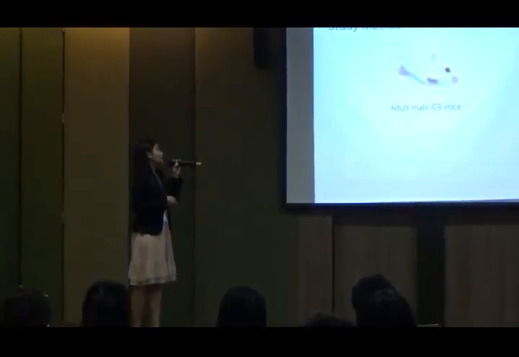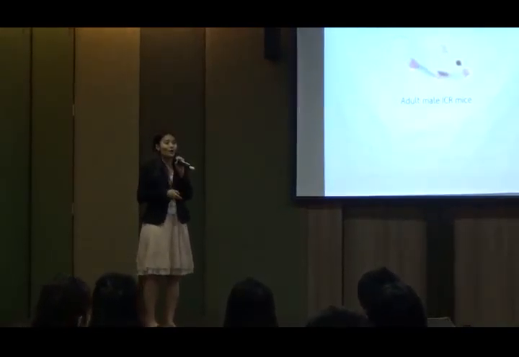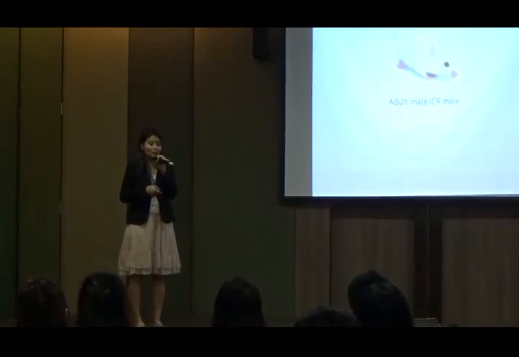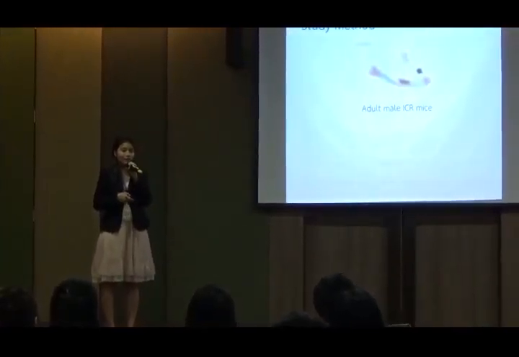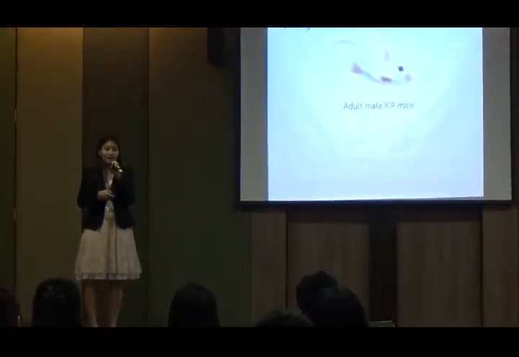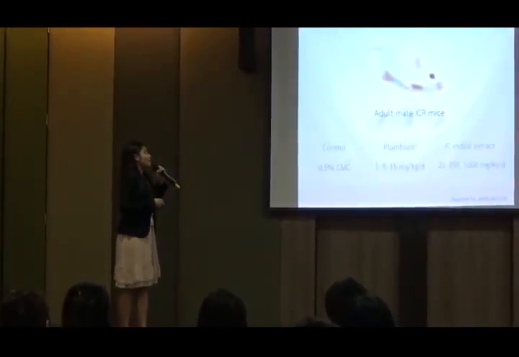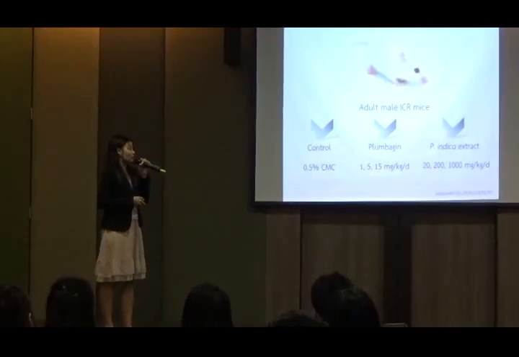Okay, for the study methods, the protocol for animal handling and treatment was already approved by the animal ethics committee for use and care of Khon Kaen University. The adult male ICR mice were divided into 3 groups.